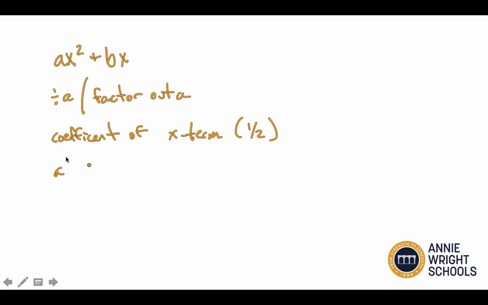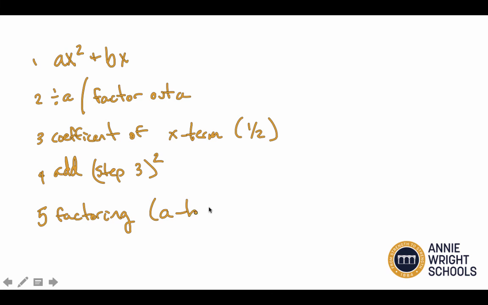So then add that number from step 3 squared, add to both sides or add and subtract. And then it's all after that. It's factoring. So it's a completed square, an a minus b quantity squared, right?